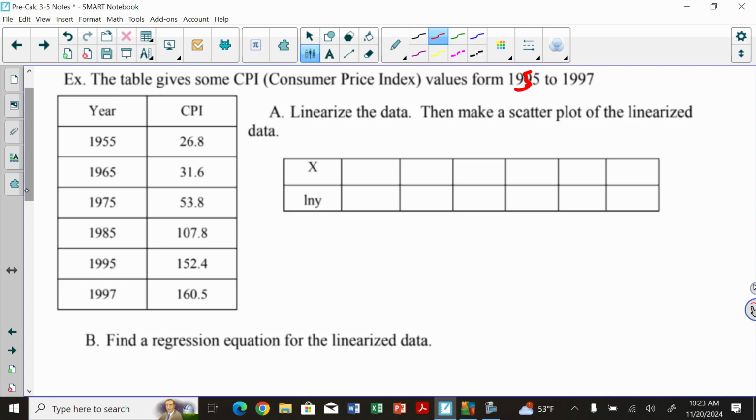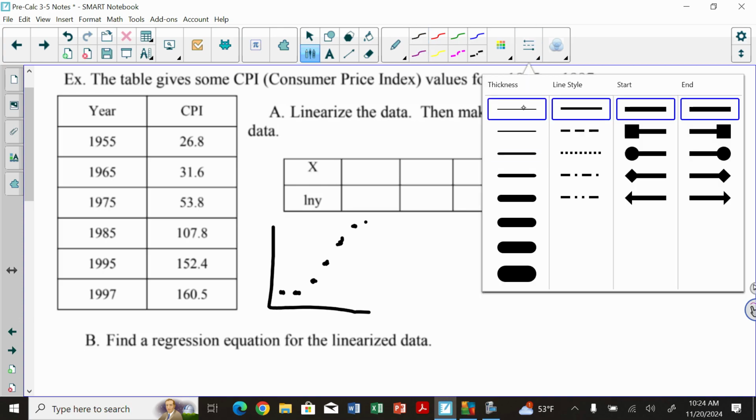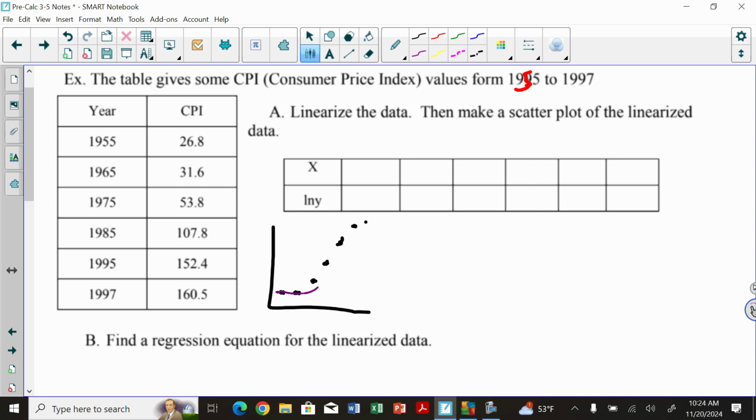If I graph that, and I'll just kind of sketch what I got, I ended up getting something that looked like these points here, right? It's just a scatter plot. Again, I'll show you how to do that. And then they kind of started to go upwards like this, okay? So that to me makes me think, all right, this could be an exponential, right? Because it kind of follows that curve.